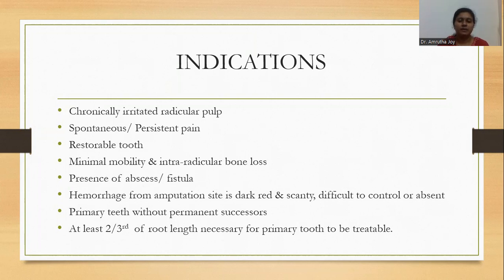If the hemorrhage is not controllable, it indicates irreversible pulpitis, and if hemorrhage is absent, it means non-vital pulp. Then primary teeth without permanent successors, and the teeth should have at least 2/3 of the root length to be treated with the pulpectomy procedure.